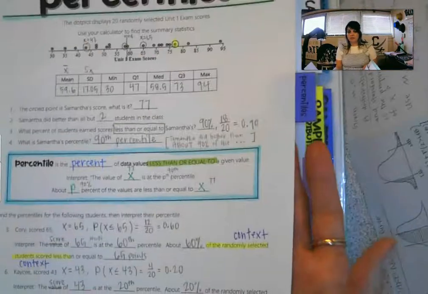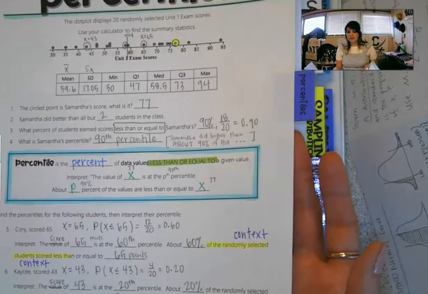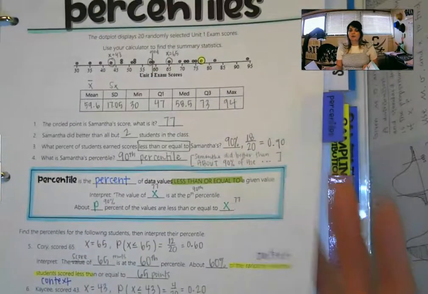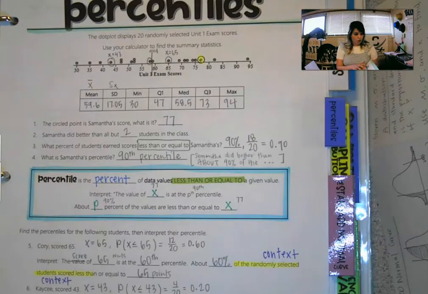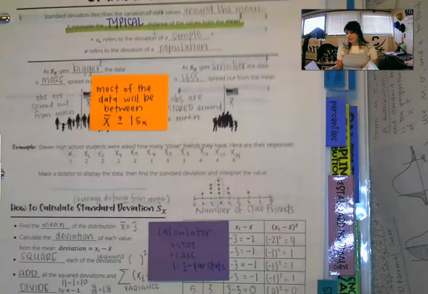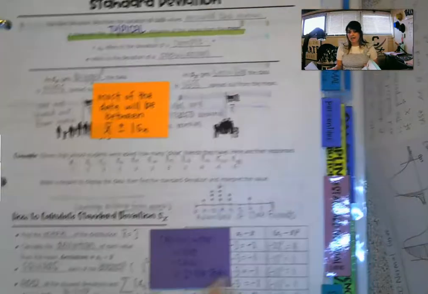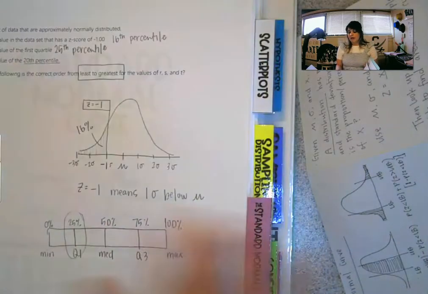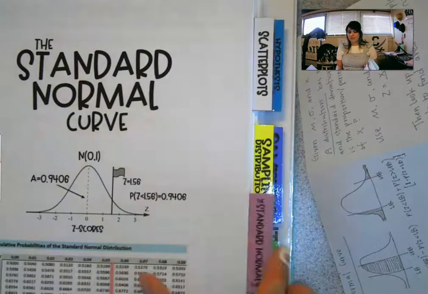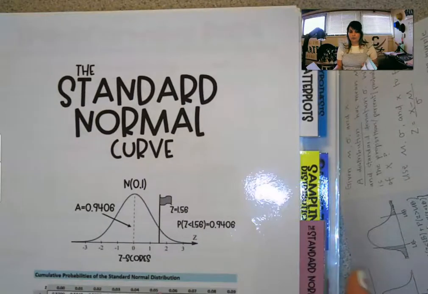And then percentiles is important because they're almost guaranteed to ask you to find a mean, a standard deviation, or a value of x based off of a percentile. So it is not by accident that each one of those sections has its own little tab, because they're super important. And then all of that leads us into the standard normal curve.